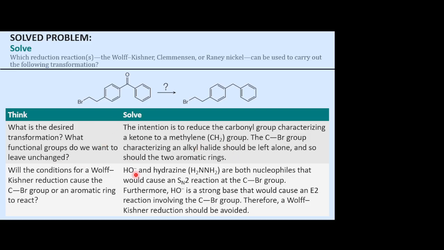Okay. And so let's think about the conditions for the Wolff-Kishner reaction first, okay? So our conditions are hydroxide and hydrazine here, okay? These are both nucleophiles, and so if we add those in with carbon bromine, that's going to be a good site to react nucleophiles, right? Really good leaving group.